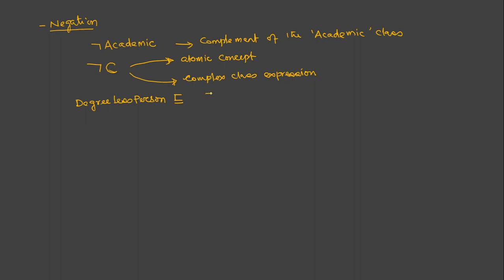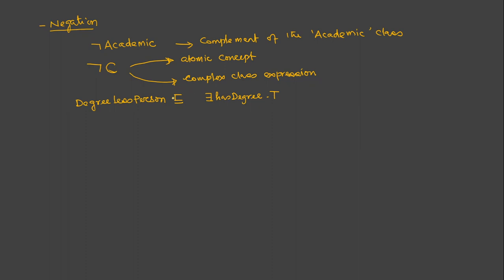How do we represent that? We can make use of the existential quantifier and say has degree something. If we say something like this, we are saying that it has at least one degree, and the degree might be anything, a master's, a UG, anything you want.